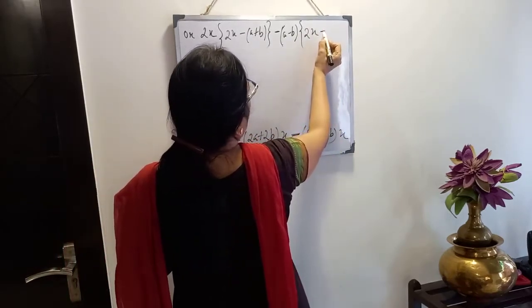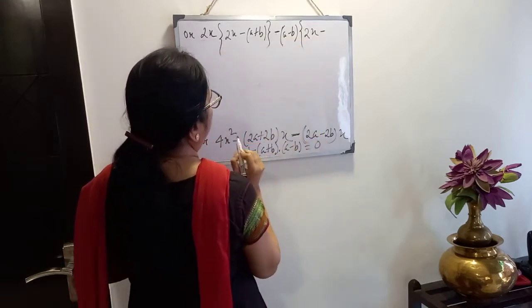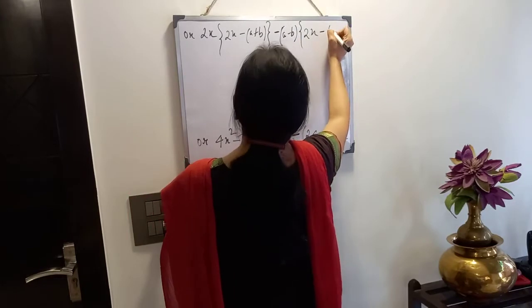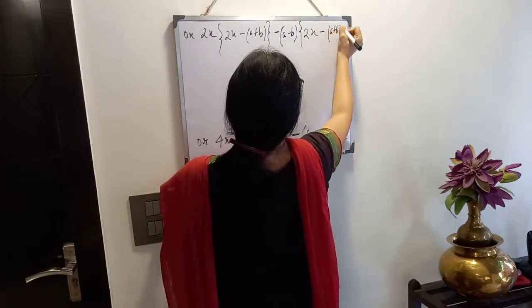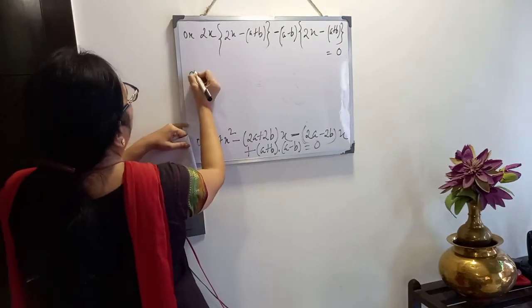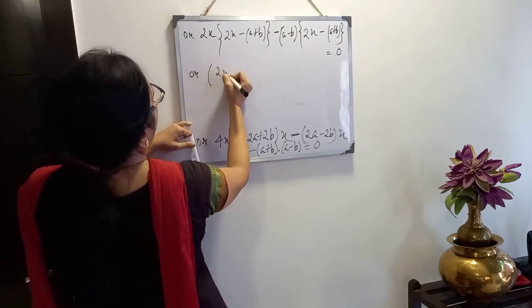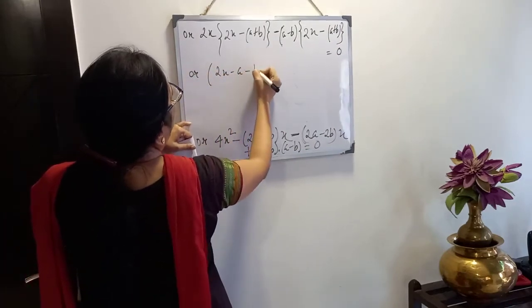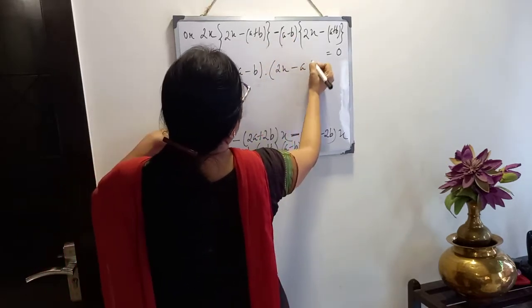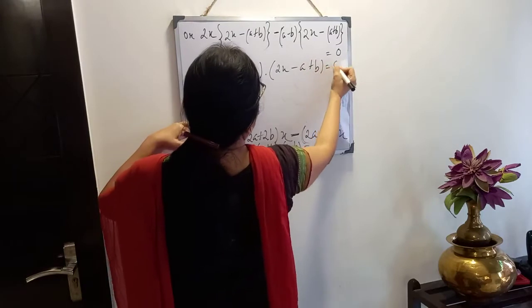When you open the bracket, minus minus will become plus. Now 2x, a minus b I have taken common, a plus b equals to 0, or 2x minus a minus b into 2x minus a plus b equals to 0.